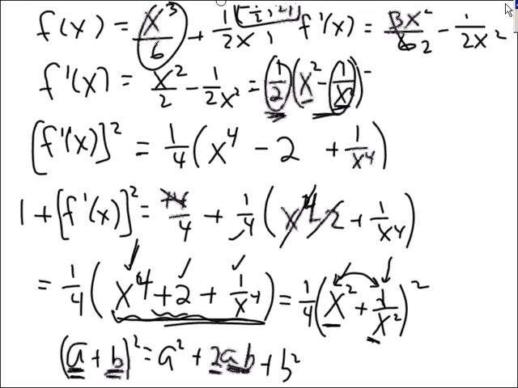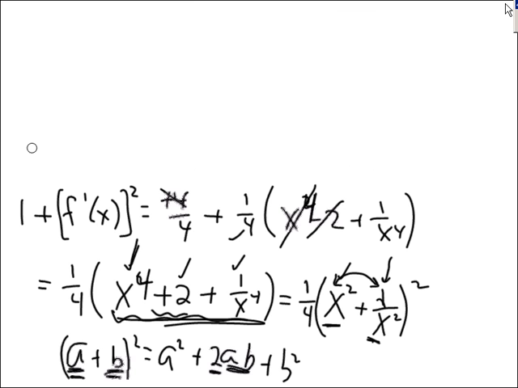Now, one of the tricky things you have to realize is the following. A lot of people get caught up here. They think if you have x squared and you take the square root, you get x. You get back this. That's not true.